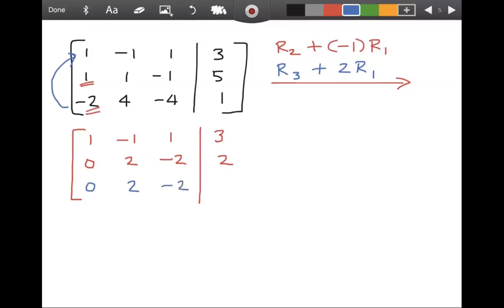And 1 plus 2 times 3 is 1 plus 6, which is 7. And you might be able to see where this is going. Okay, so we're all done with the first column. Now we need to pivot about the 2. You can see right here. So the first step is to multiply that row by 1/2.